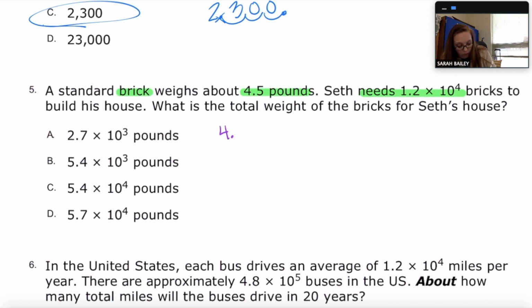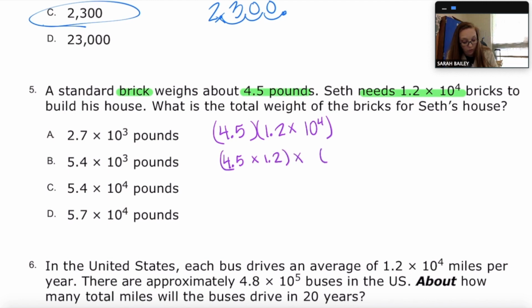So I'm going to do 4.5 times 1.2 times 10 to the 4th. Now, when I multiply numbers in scientific notation, we said we multiply the numbers and then we multiply the powers of 10. The 4.5 wasn't written in scientific notation, it was just written in standard form.